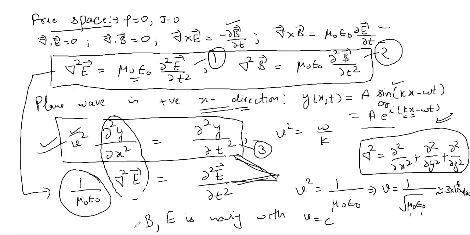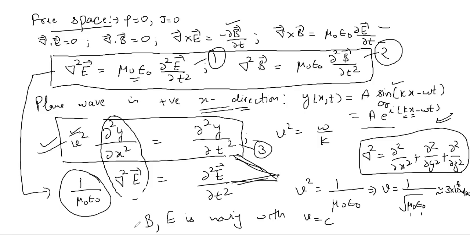Hence, if your electric field and magnetic field are moving with the speed of light, and your electromagnetic waves are nothing but oscillating electric field and magnetic field, hence you can prove that your electromagnetic waves travel with the speed of light. This is the mathematical proof that your electromagnetic waves are going to travel with the speed of light.